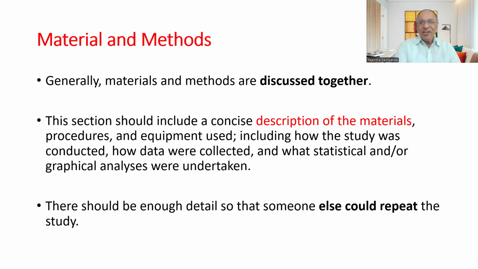Next will be material and methods. Generally, material and methods are discussed together. This particular section should include a concise description of the materials, procedure, equipment, including how the study will be conducted, how the data will be collected, and what statistical test will be applied, which type of graphics will be used for interpretation of the data.